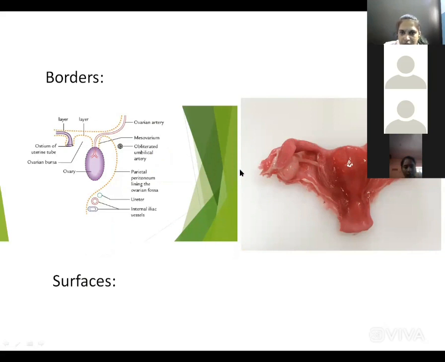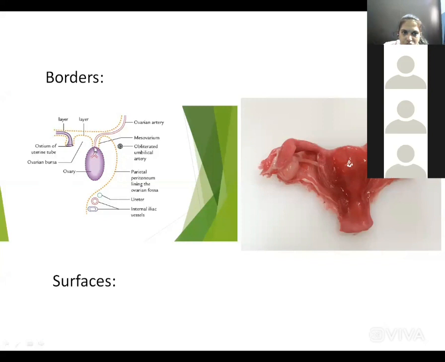Now in the same diagram, it is a section across. So here, this is the broad ligament of the uterus. On this side, here is the uterus. Sorry, and this is the uterine tube and broad ligament of the uterus in this plane. And posteriorly, the ovaries are attached to it. So it is having an anterior border and a posterior border.